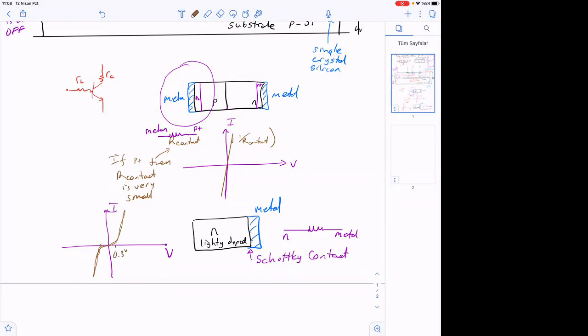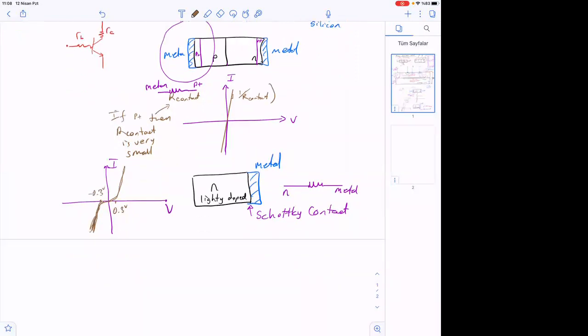But it will be both sides, minus 0.3 volts. Okay. So we call this whole thing a Schottky barrier diode, actually.